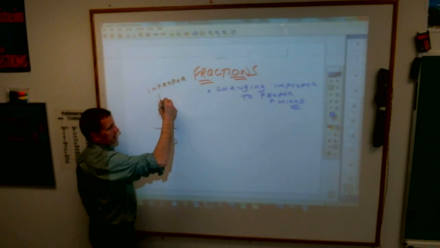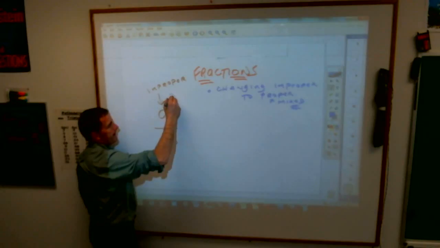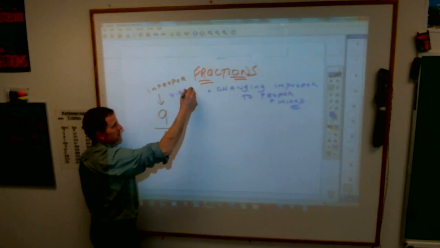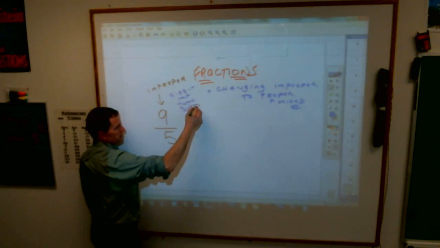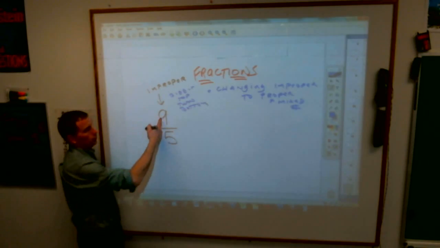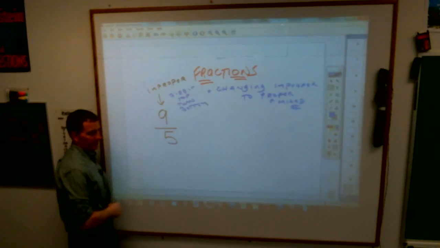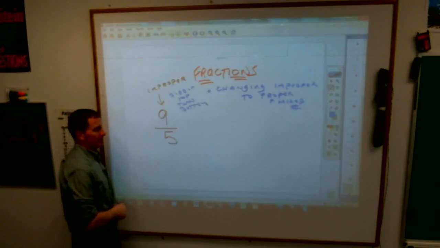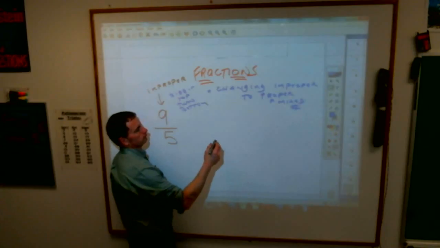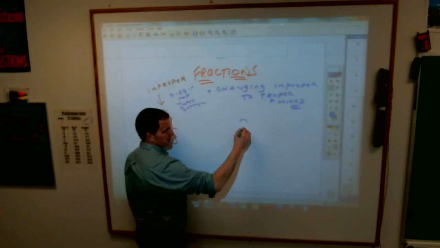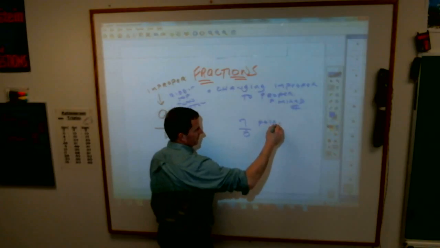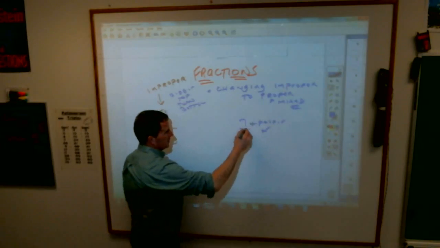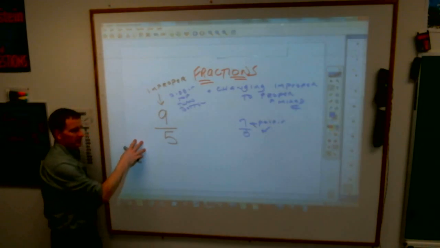An improper fraction has a bigger top than bottom, or as Chase said, it has a bigger numerator than it does the denominator. That makes it improper. A proper fraction is just the other way around, 7/8. That's proper. We accept that in math. It's okay to do this, but it is not okay to do that.